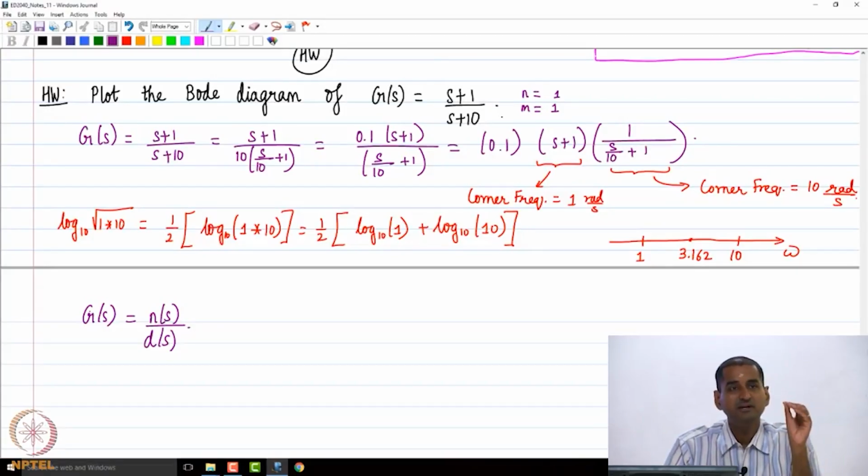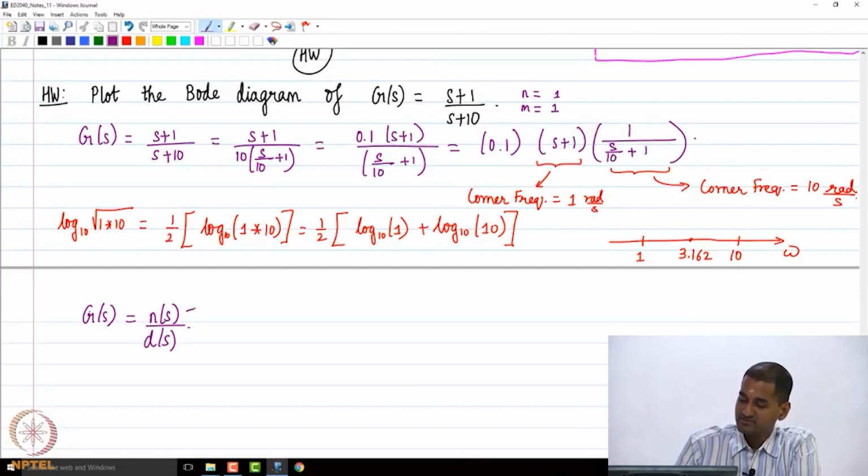If you recall, for a minimum phase transfer function, in general, what is the slope of the high frequency asymptote? Did you recall our discussion? The slope of the magnitude curve. If the numerator is of order m and the denominator is of order n, what is the slope of the high frequency asymptote?